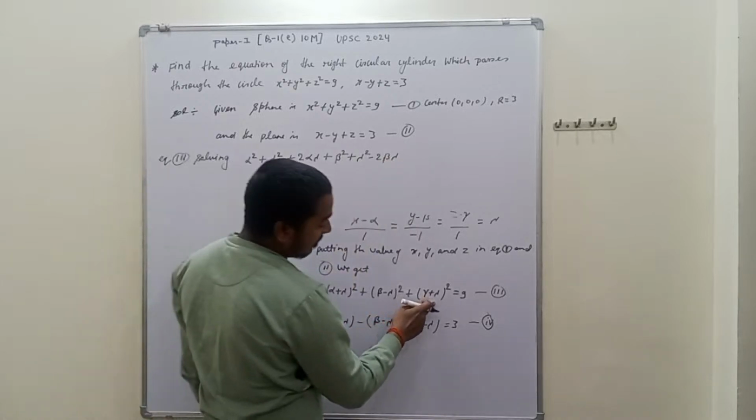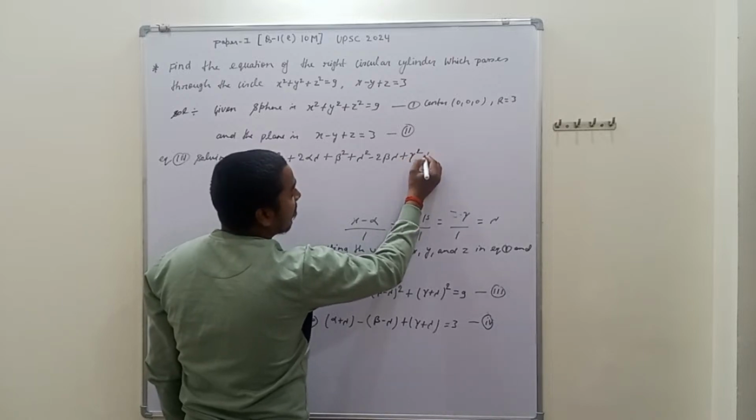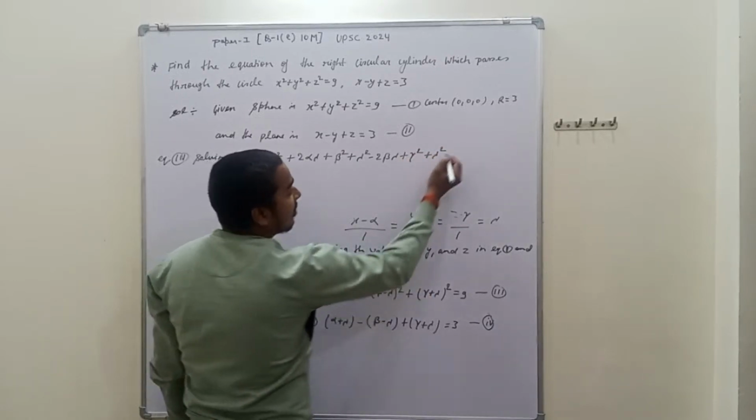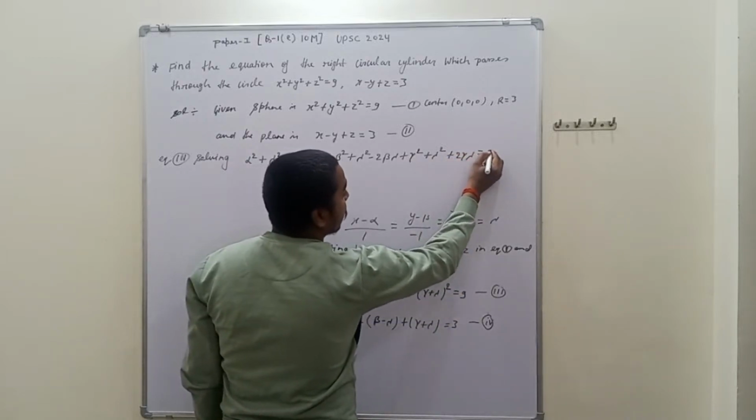Further we expand gamma plus lambda whole square, that is gamma square plus lambda square plus 2 gamma lambda is equal to 9.